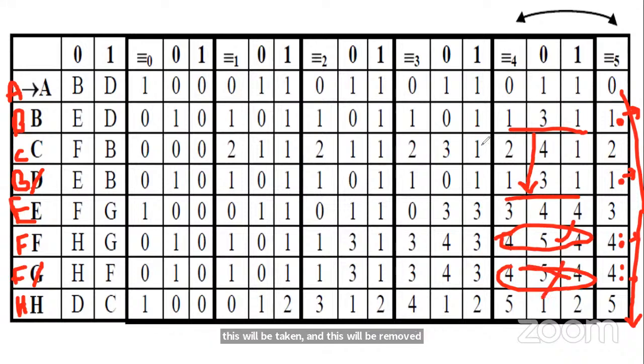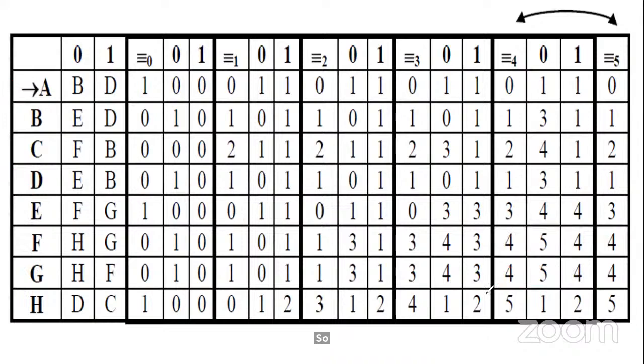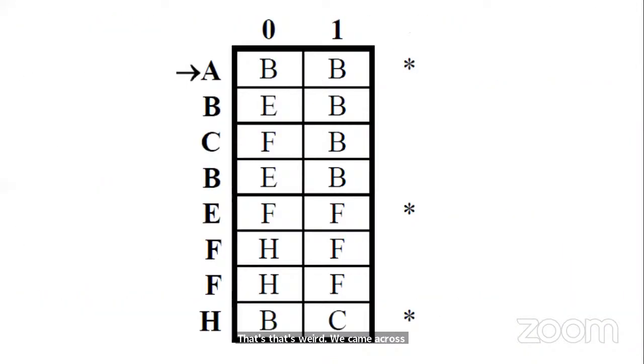So let me clear the screen. So that's where we came across this diagram here. So we have A, B, C. Then inasmuch as B came first, we have B here again. E, then F, as I've explained earlier.